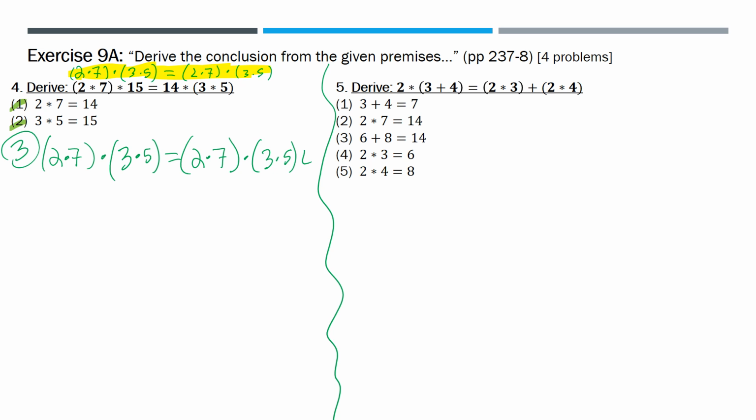However, for this 3 times 5, we want a 15. So let's use some identities here.